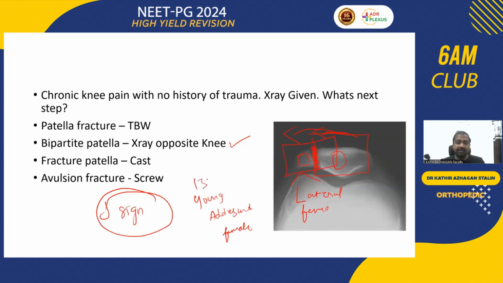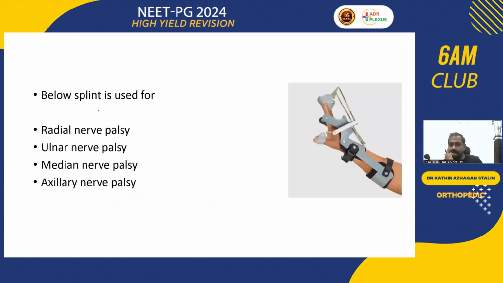So if the question starts like a 13-year-old female, while playing sports activity, sustained a click feel in the knee joint, and then it reduced spontaneously, but having pain over the anterior aspect of the knee, then you have to think of that. And if they have given a lateral view, Osgood-Schlatter is another good diagnosis. Okay, think of all these words before answering those kinds of questions. What is the diagnosis?